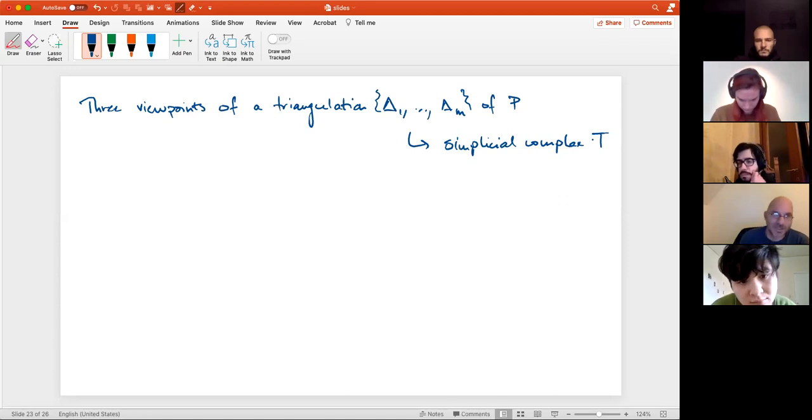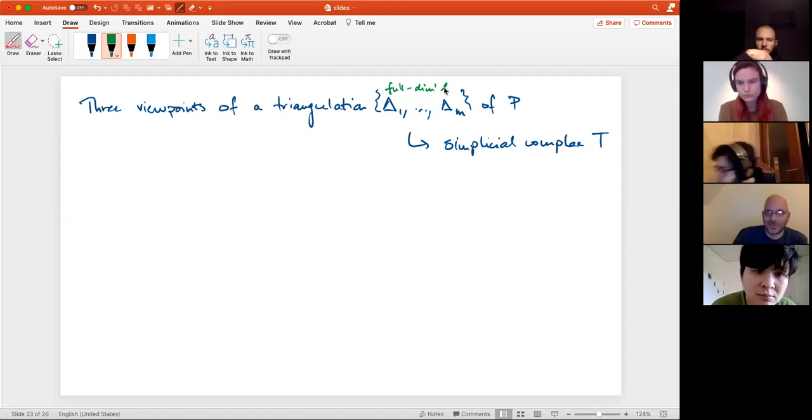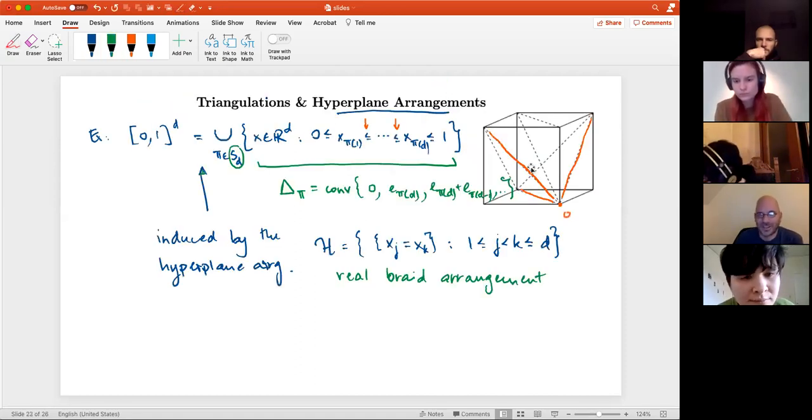But sometimes I think of these as full dimensional. Sometimes I want to think about my triangulation as given by those full dimensional simplices. In my picture, I can just think of my big tetrahedra.